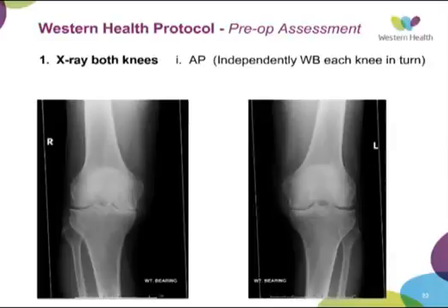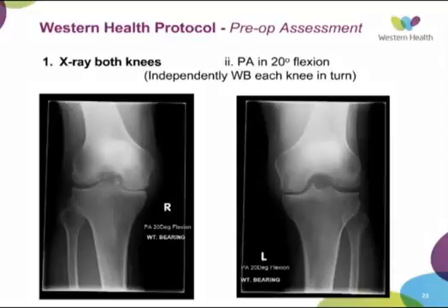So here's some bilateral x-rays, which are weight-bearing x-rays. We independently weight-bear each leg in turn. These are the weight-bearing x-rays, the PA views in 20 degrees flexion, which are used with the aid of fluoroscopy.